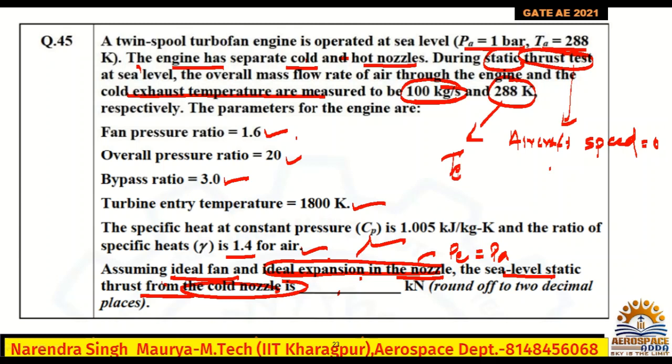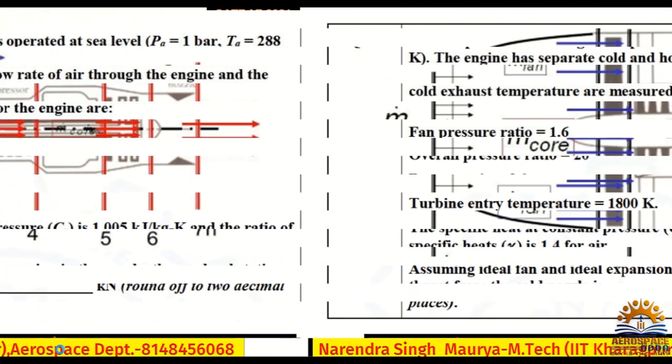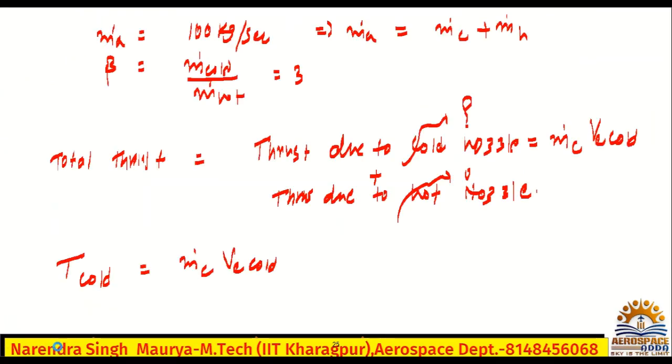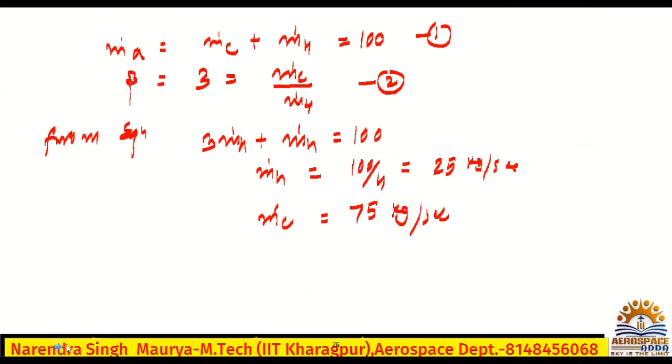Only this exit temperature they have given. The fan pressure ratio is also related to the cold nozzle. So TE they have given to us, and we know for the nozzle what the exit velocity is.